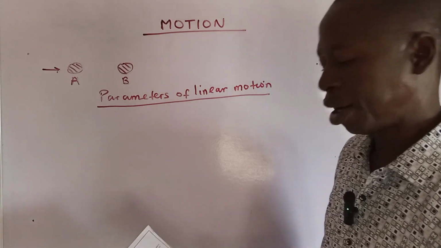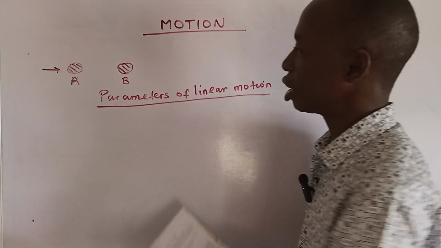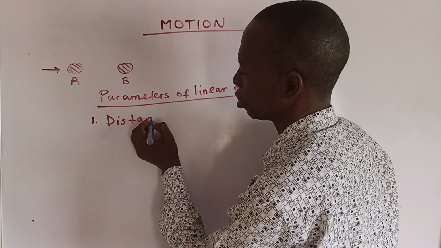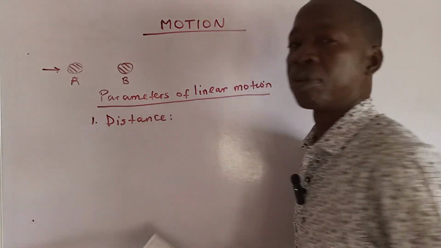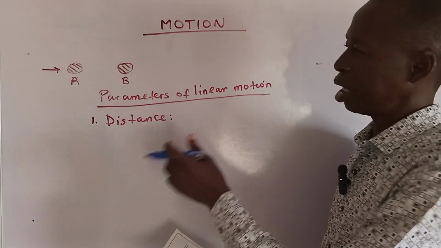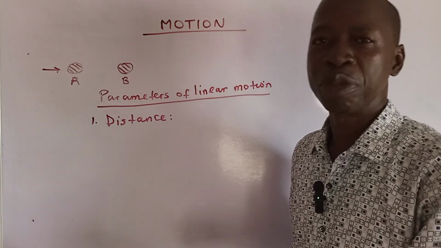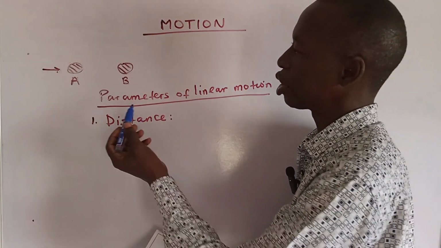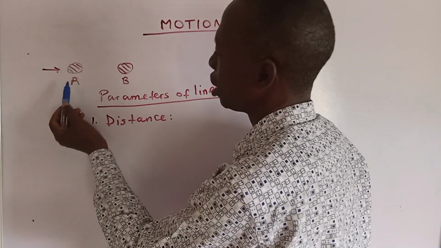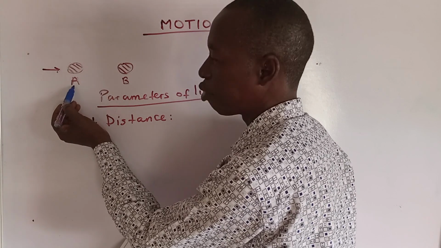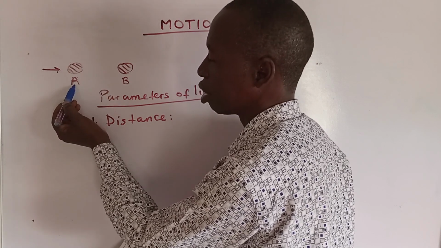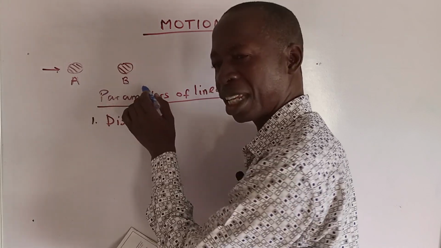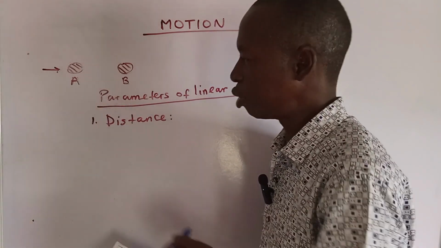Now, the first parameter of linear motion is distance. What is distance? Distance is simply the amount of space between two points. Initially I mentioned that when an object changes position from a given point, in this case A, to another point, we say that object has undergone motion.